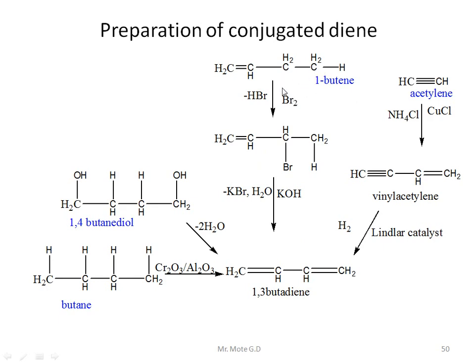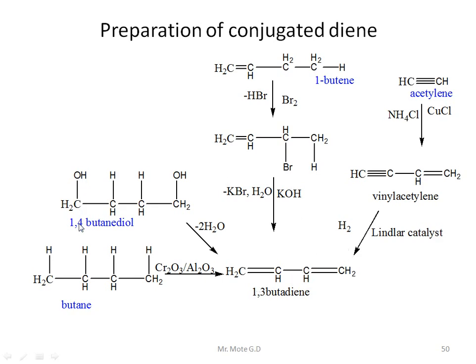From 1-butene, it is addition of HBr. Here the hydrogen is going to be removed and Br is going to add to form this intermediate, and then Br and H will be liberated to form 1,3-butadiene.